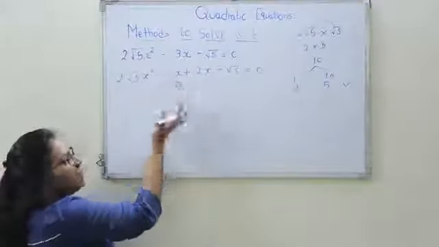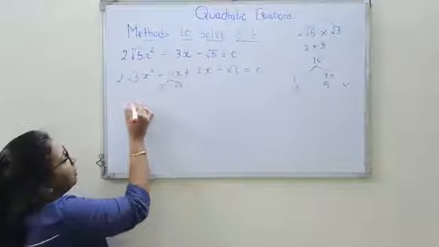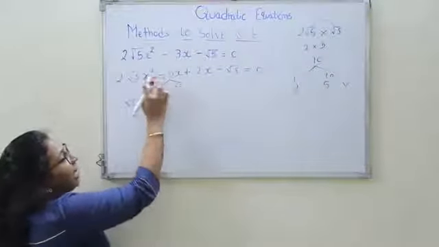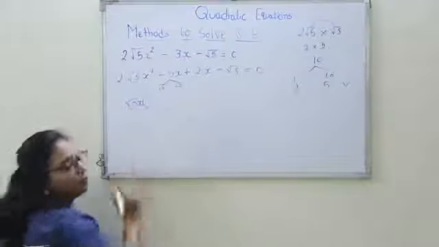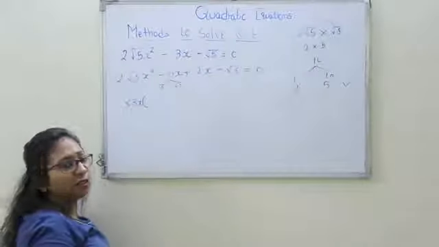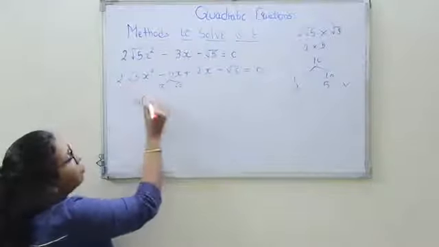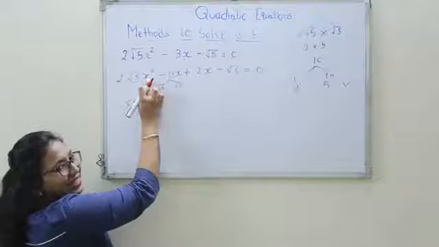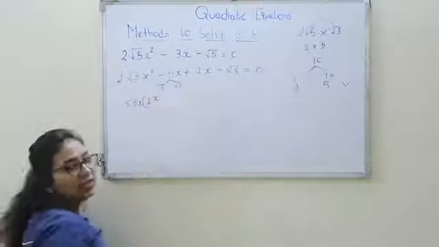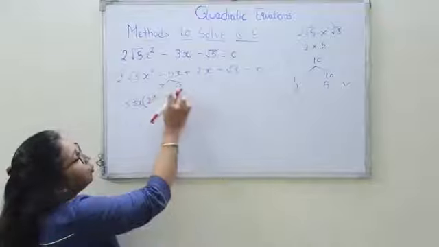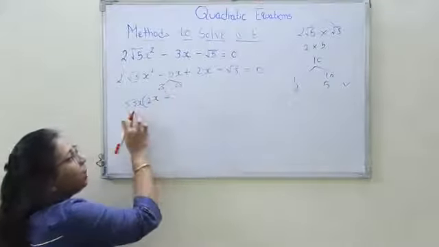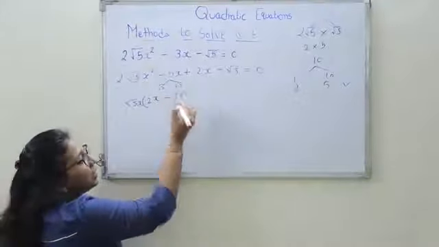Out of 5, I will take 1 root 5 common, and there is one more x common. So root 5 and x are common. From the first term, 2 and out of 2x, 1x is out, so 1 will be inside, minus, out of 2 root 5, I have taken 1 out, so 1 will be inside.